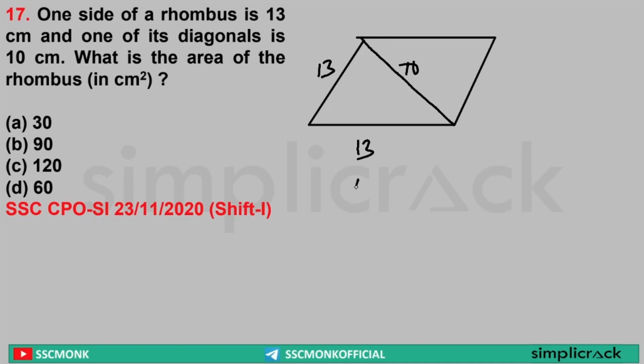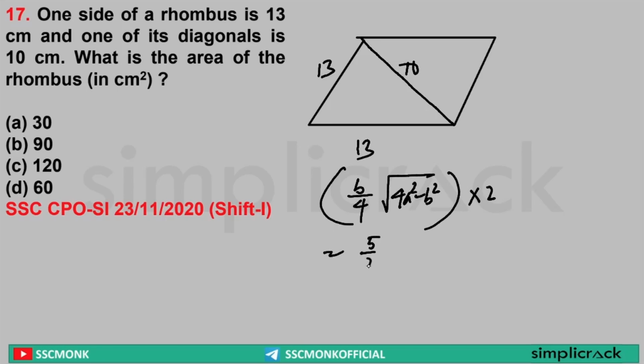So area of isosceles triangle is b by 4 into square root of 4a square minus b square. And if I multiply it by 2, I'll get the total area of the rhombus. Now b is 10, so 10 by 4 can be written as 5 by 2 multiplied by square root of 4a square minus b square.